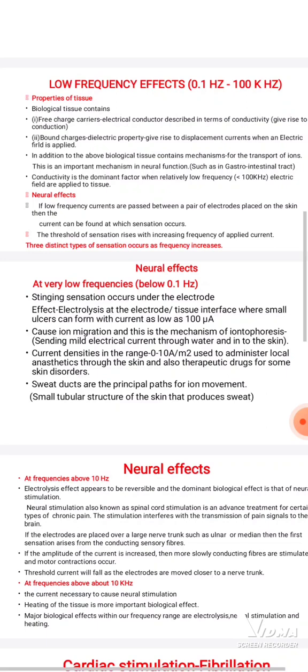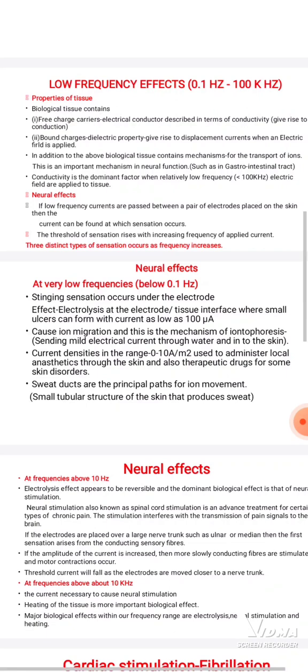Ion migration means movement of charged particles through an electrolyte towards an opposite charge sign.